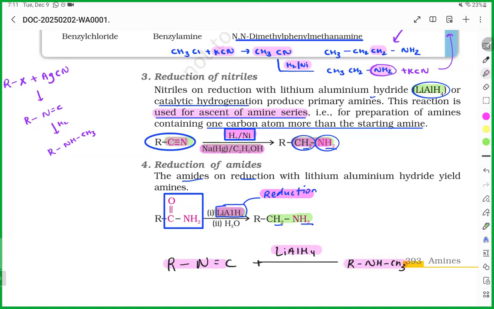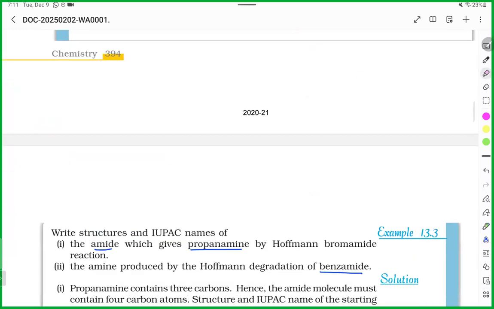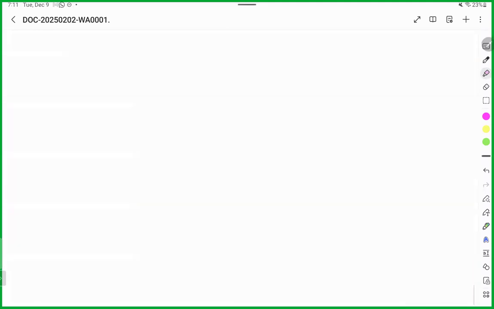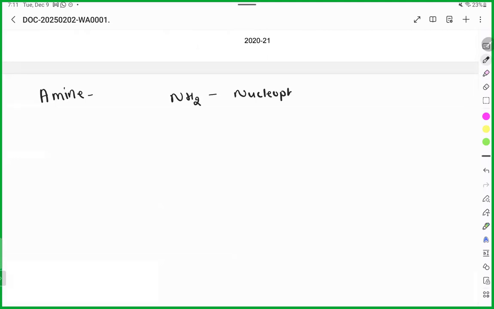So if I have to summarize what we did in this class, we said in case of amine, we have NH2 group, correct? And it is nucleophile in nature due to presence of the lone pair of electrons. Usually, when you take ammonia, it is pyramidal in shape due to presence of one lone pair.